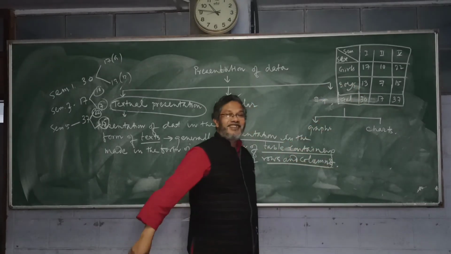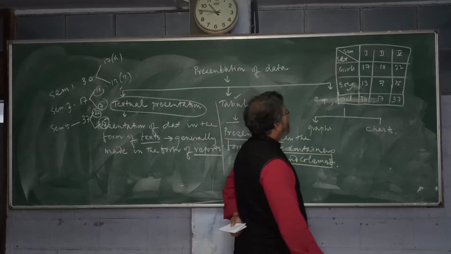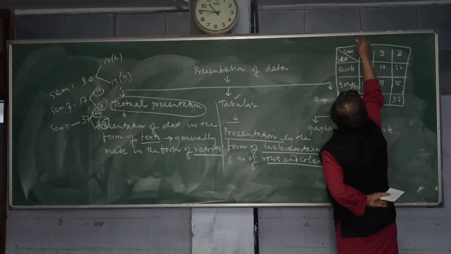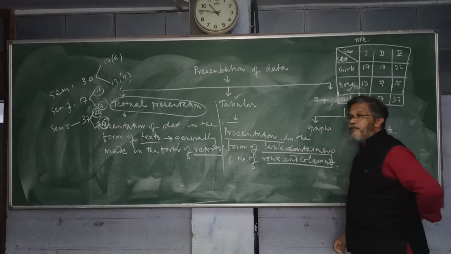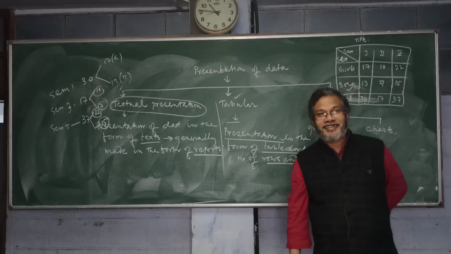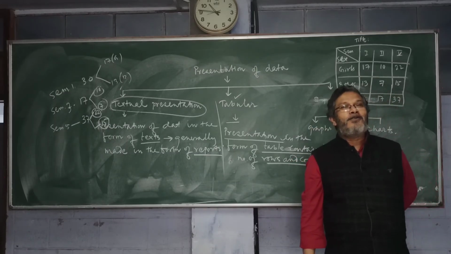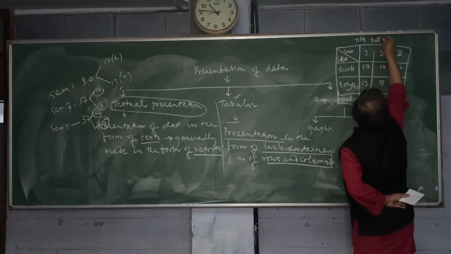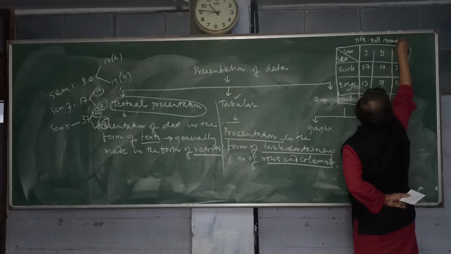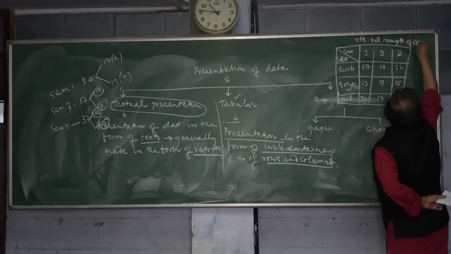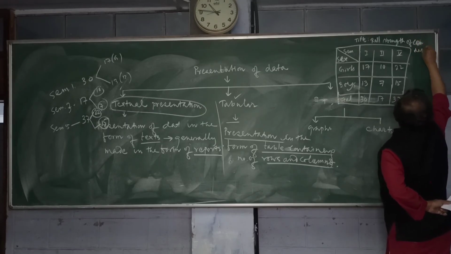This is a table. And for this table we can write a title. You can say roll strength of economics department.